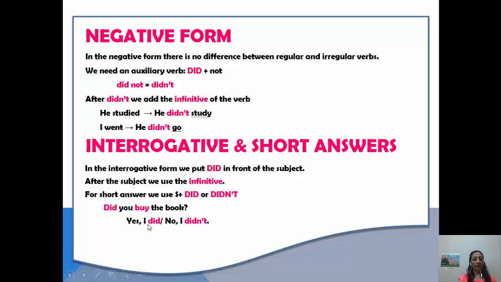Yes, I did, or no, I didn't. This is a regular verb. Did the children study? Yes, they did, or no, they didn't. Study is a regular verb. Okay? Good? Okay.